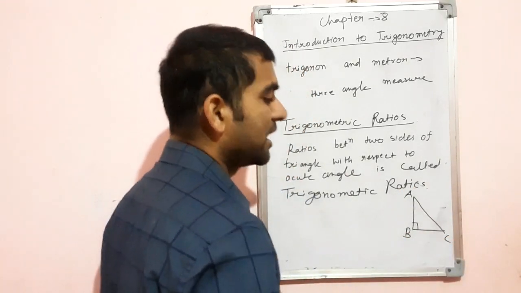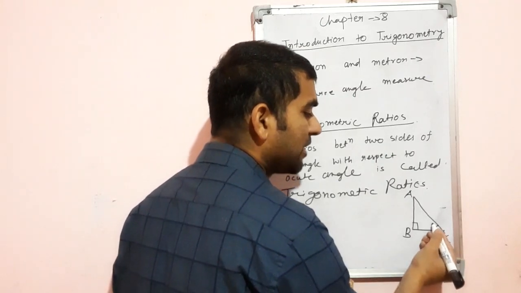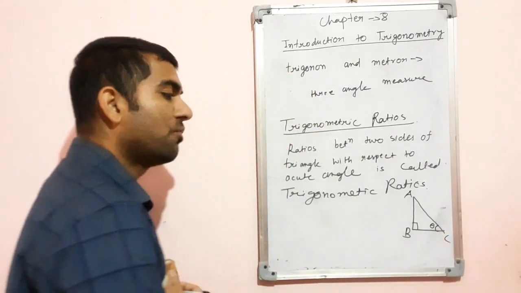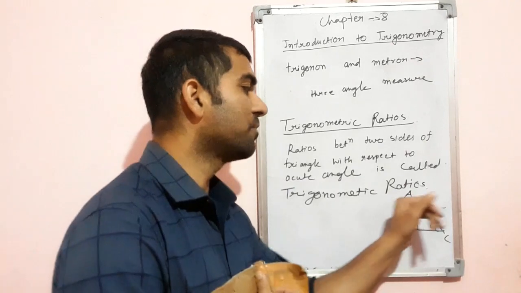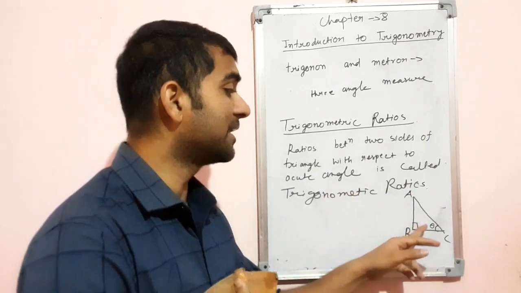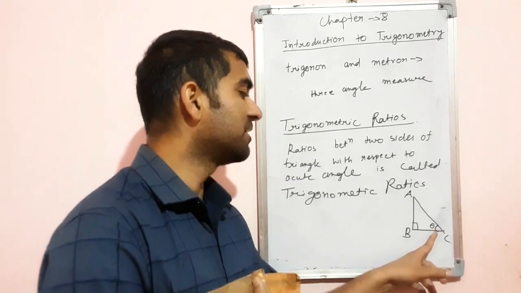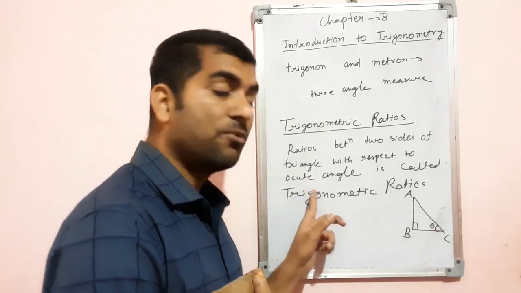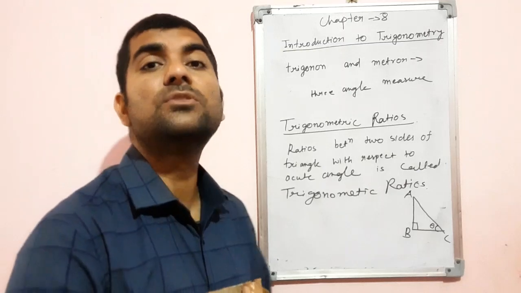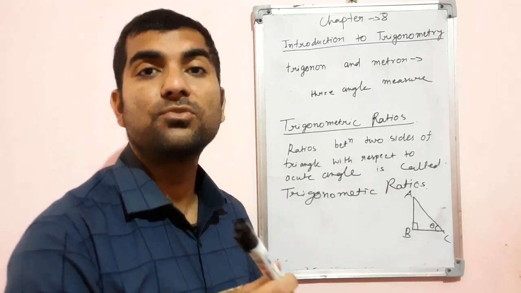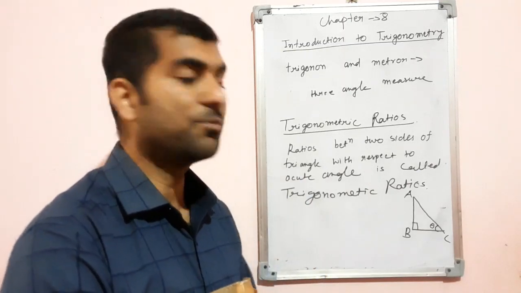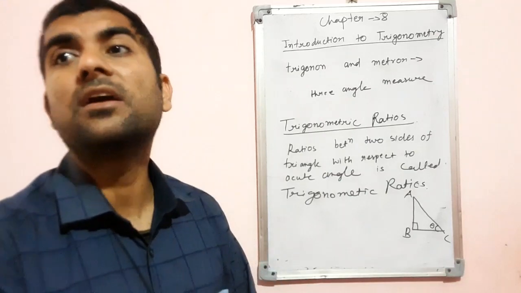To find the trigonometric ratio of this acute angle theta, we find the ratio between two sides. Theta represents the acute angle. What is an acute angle? Any angle whose measurement is between 0 and 90, less than 90 degrees.